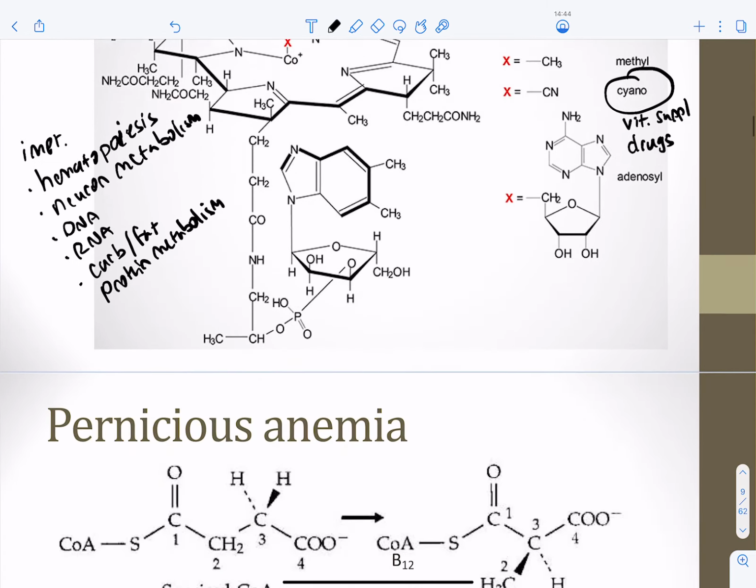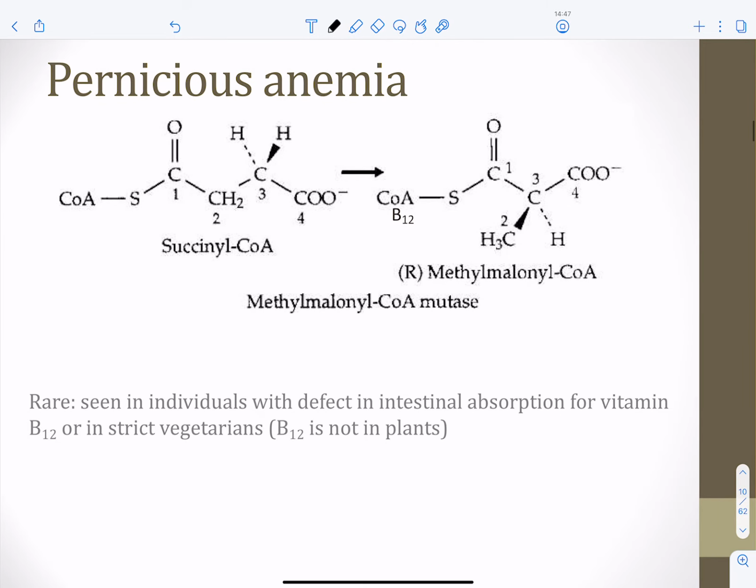There is a disease associated with vitamin B12 specifically, which is called pernicious anemia, and this is going to be very rare. It is actually mostly caused by an autoimmune disease where you have no intrinsic factor.